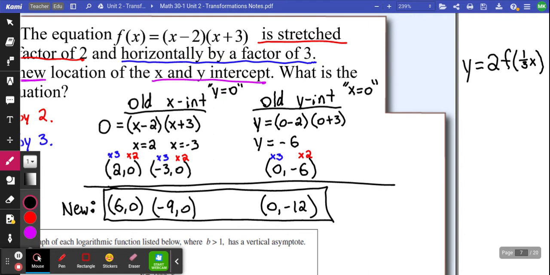Right? That's my new equation. Okay, so to actually perform that, the 2 multiplies by all of f of x. So my 2 would be right here. I'm going to do this in 2 steps. Normally we do it in 1, but I just want to show you that I'm doing it in 2 steps.